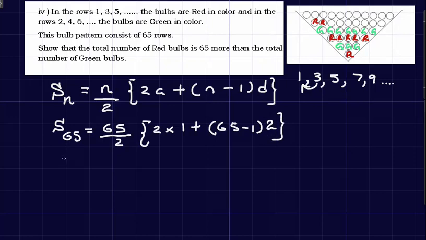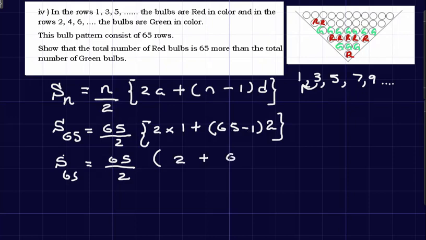So now we get what? S65 equals 65 over 2, then comes 2 times 1. What's 2 times 1? That's 2, plus 65 minus 1.